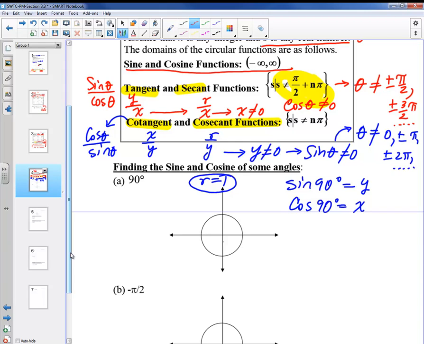So when you measure your angle of 90 degrees, your point of intersection would be right there. And by the way, that point is 0 and 1. So this would be as simple as saying that sine of theta is equal to the y, which is 1, and cosine of 90 degrees equals the x, which is 0.